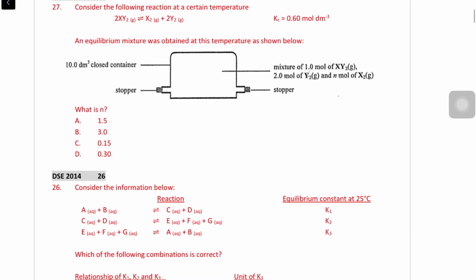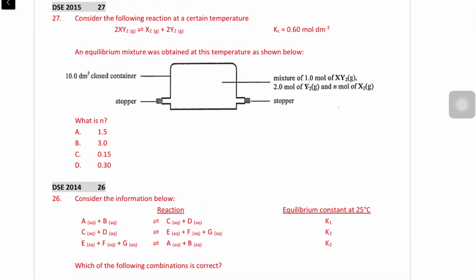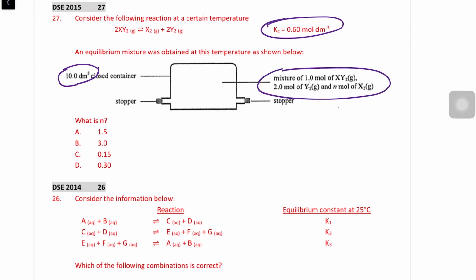This is question 27. Let's see what information we have. Kc, volume, the mixture of this one.